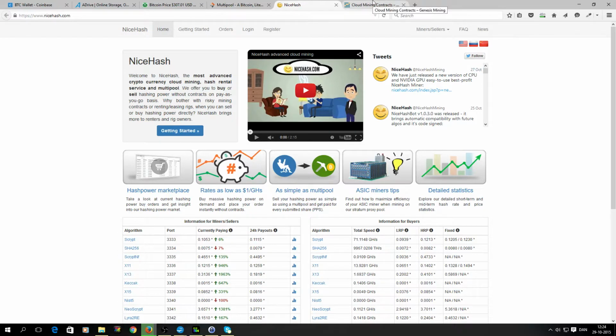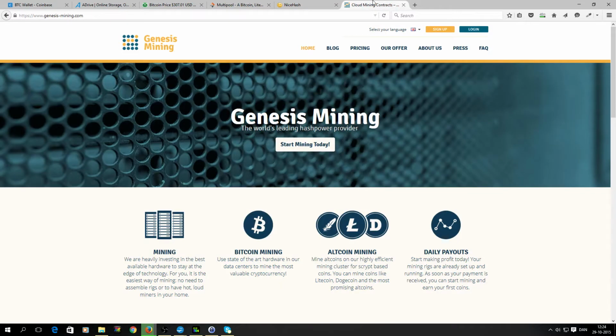Another option, if you want to start mining and not buy your own equipment to start with, is to look into cloud mining. Cloud mining is basically where you make or buy a mining contract with a cloud mining provider.